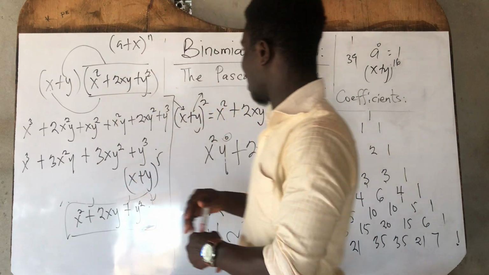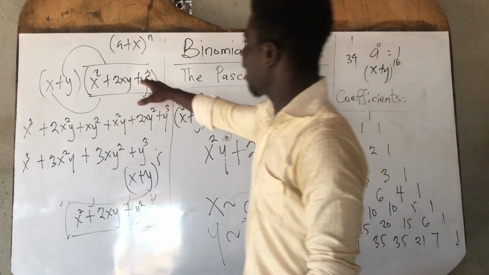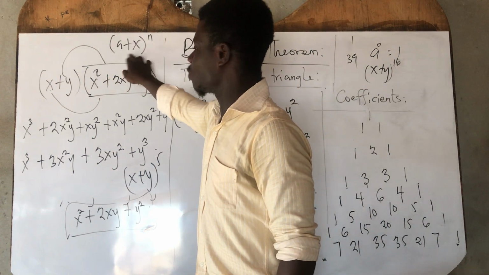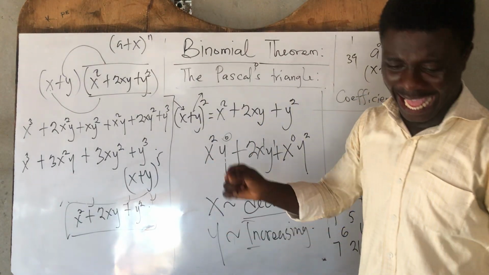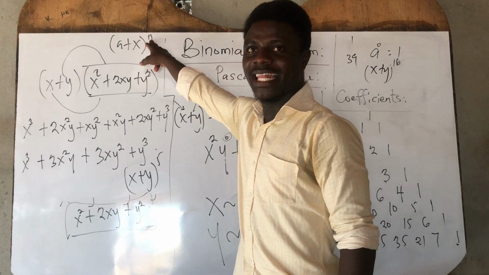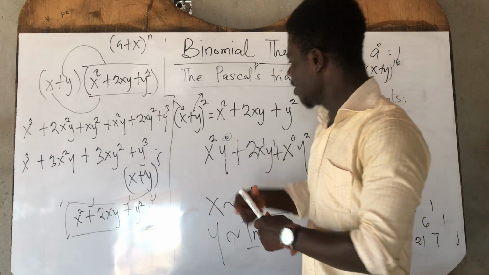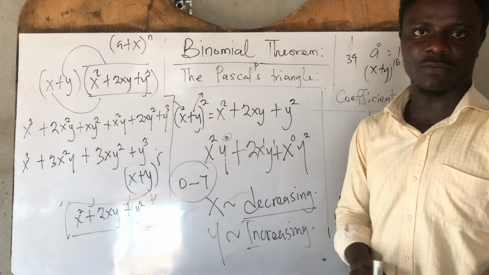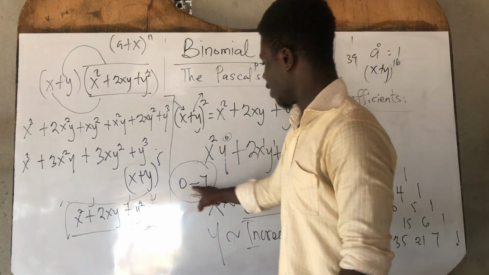We can use Pascal's triangle coefficients to expand the binomial of the form a plus x to the power n for integer values of n less than 8. So less than 8, I mean from 0 to 7. Forget about the negative, right?